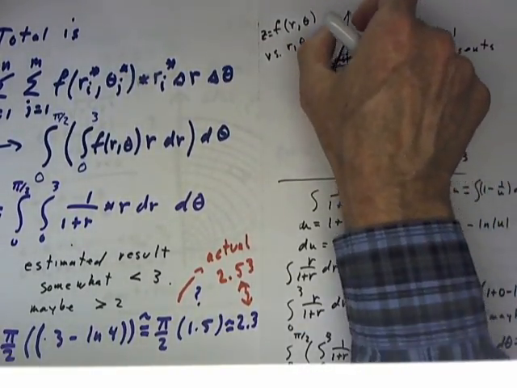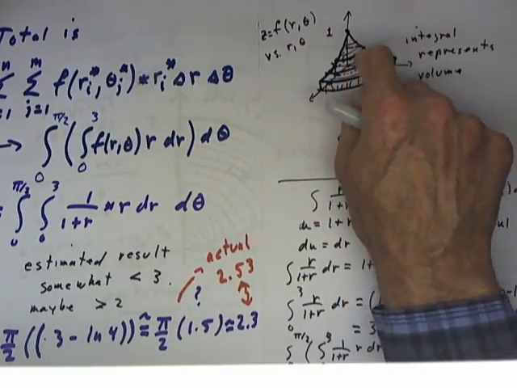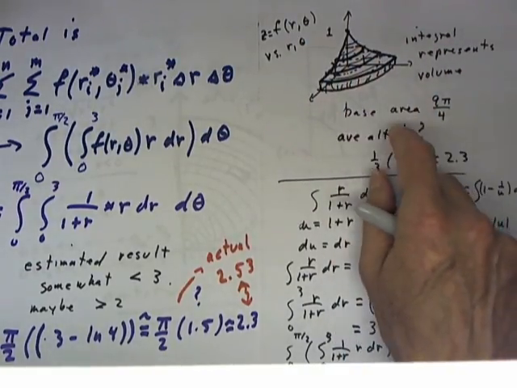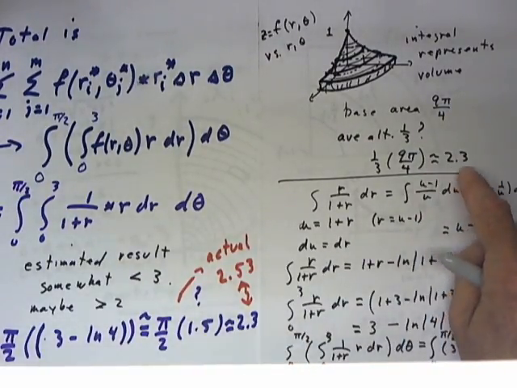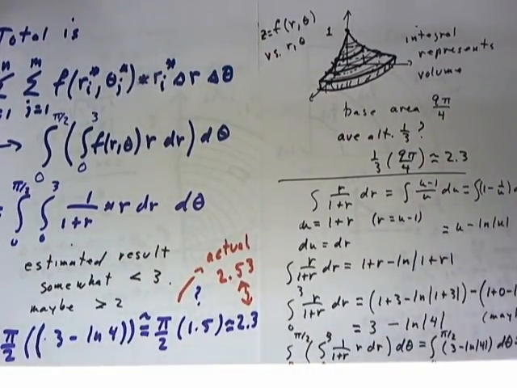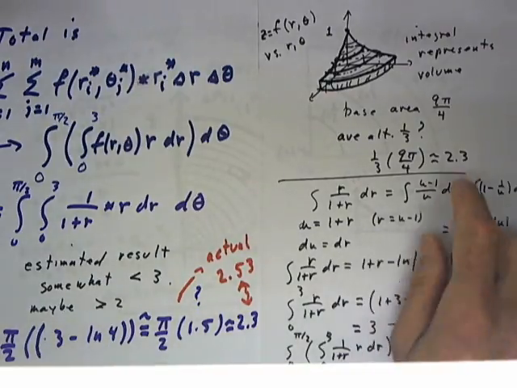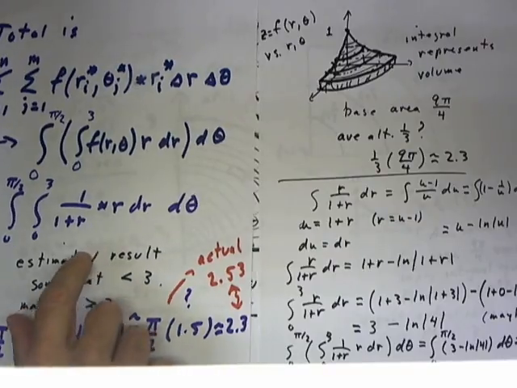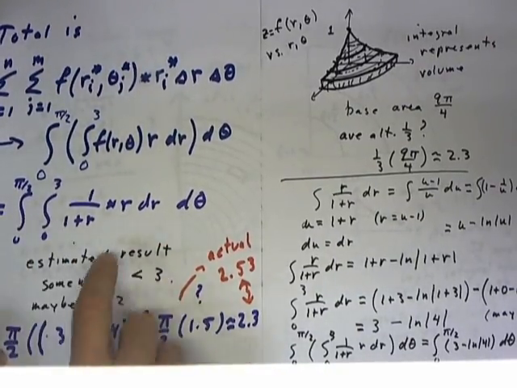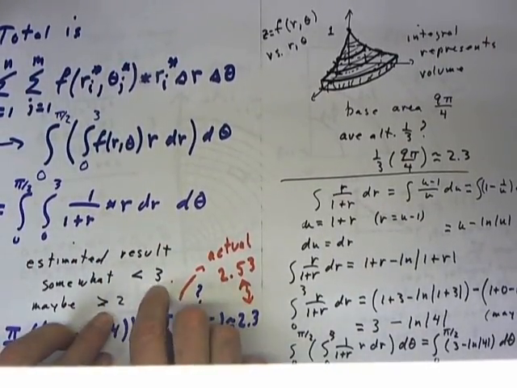And our estimate of the average altitude of this region was somewhat less than 1/2. Multiplying that by the base area, 9π/4, we obtained an estimate perhaps around 2.3, and not having a whole lot of confidence in that estimate, we concluded that our integral is expected to lie somewhere between 2 and 3.